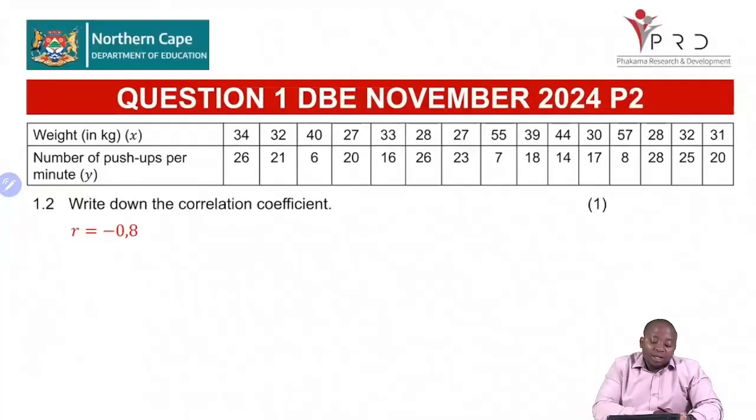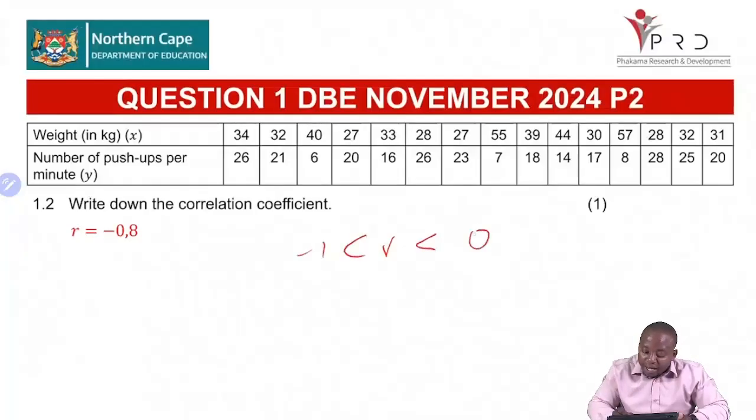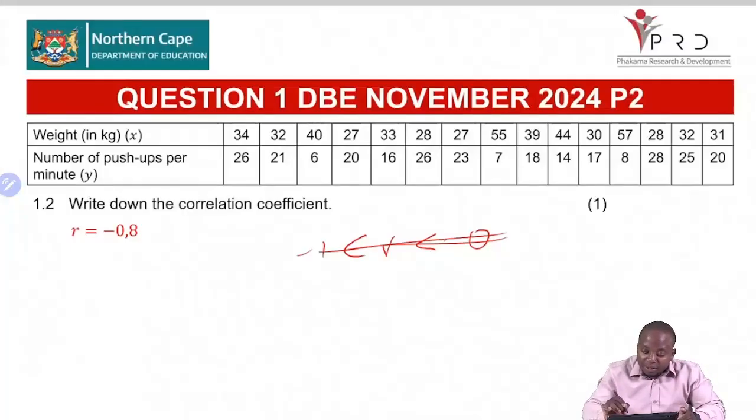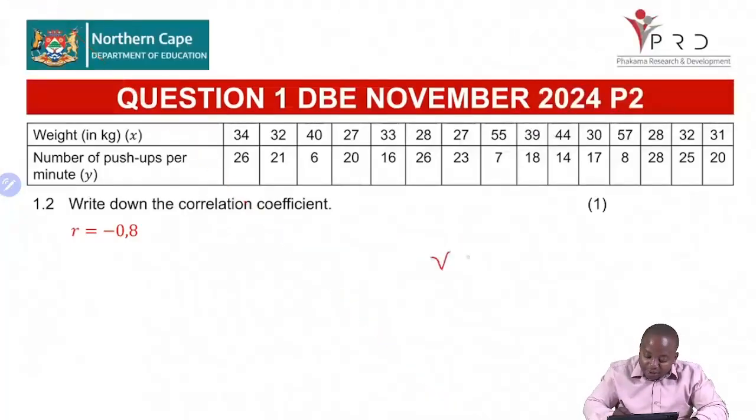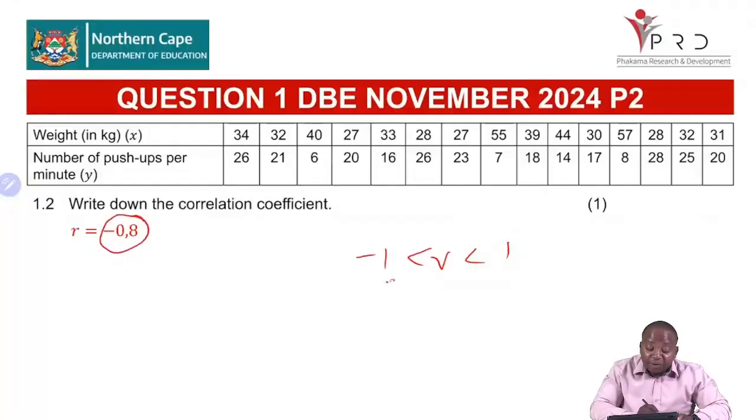Remember, our R is found between negative 1 and positive 1. When we're closer to negative 1, we have a strong negative correlation. You can see that negative 0,8 is closer to negative 1, so you have a strong negative correlation.